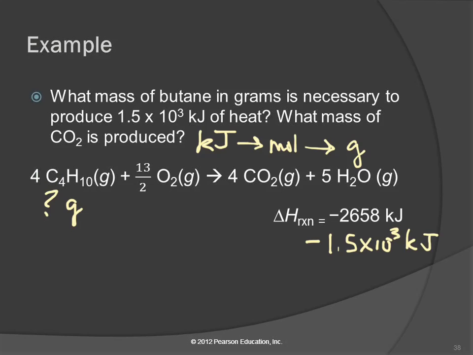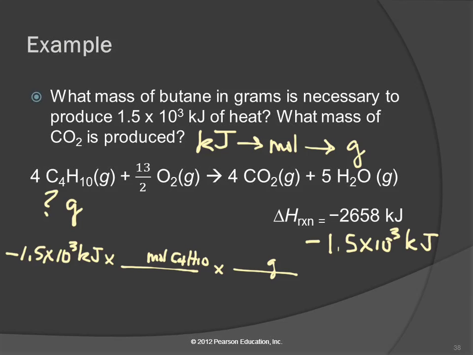So that is a relationship that we end up using as a conversion factor. We'll start with minus 1.5 times 10 to the third kilojoules, and we're going to go to moles of butane. That was propane. So C4H10. And then we're going to go to grams of butane. Keep forgetting which gas we're dealing with.